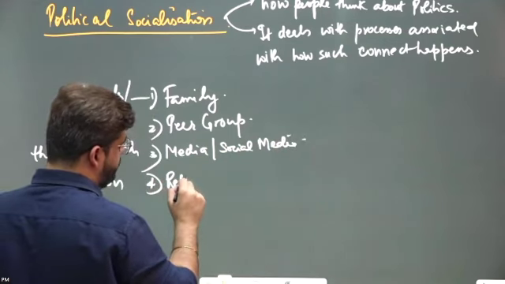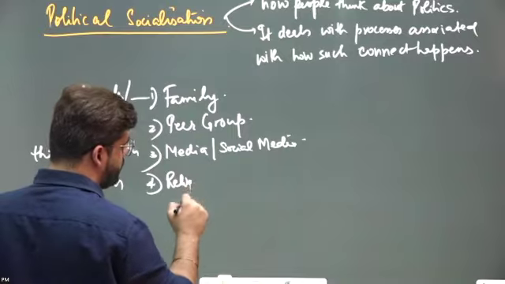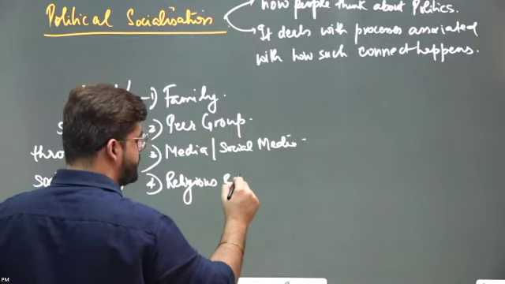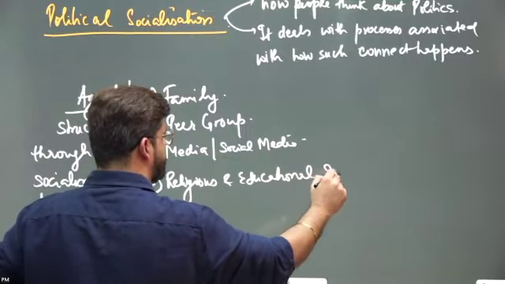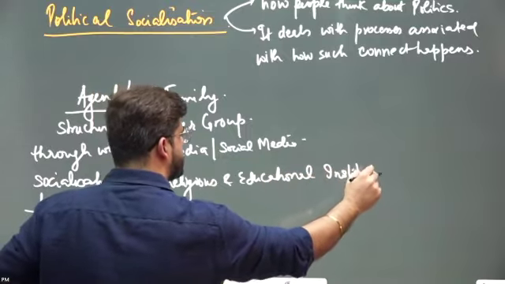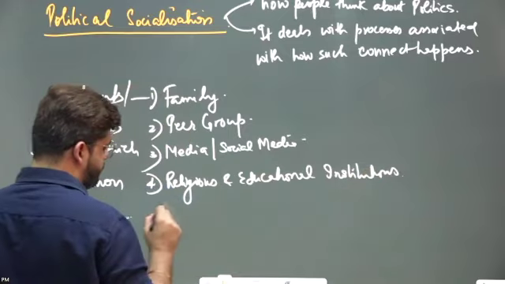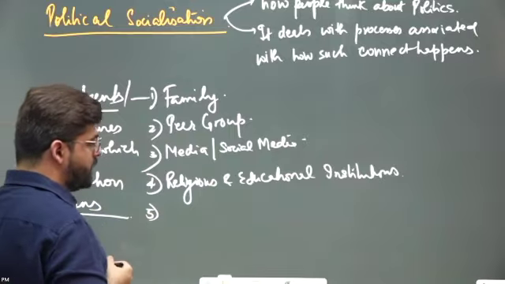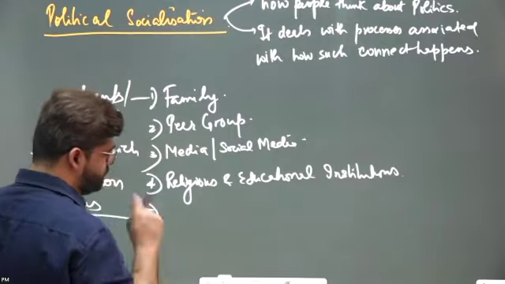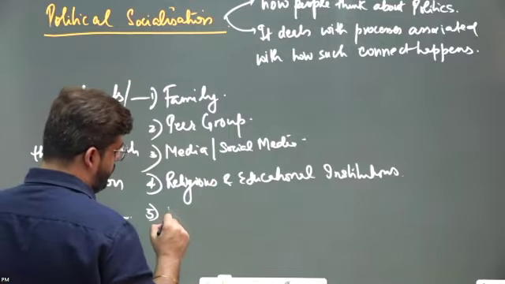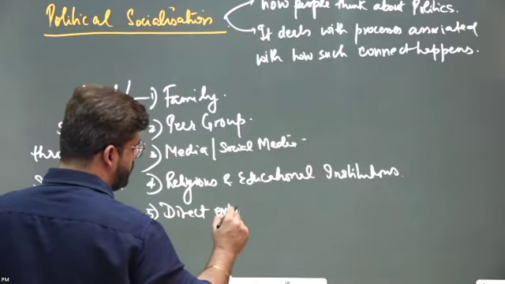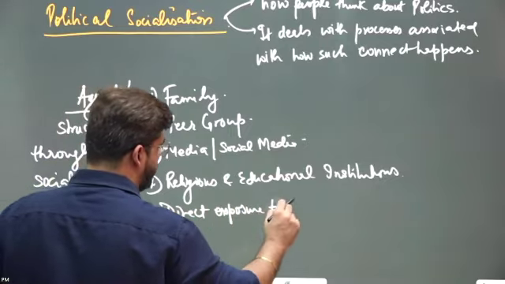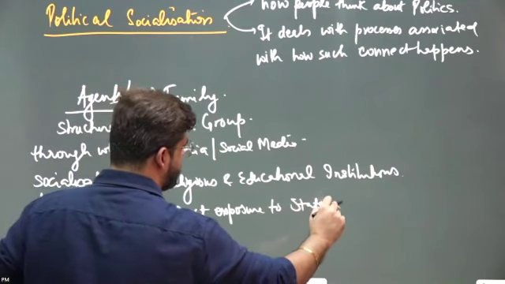role of religious institutions, religious and educational institutions we club together. So nationalism will be taught in educational institutions, loyalty towards religion will be taught in religious institutions. Then we have direct exposure to state activities. This is going to influence us.